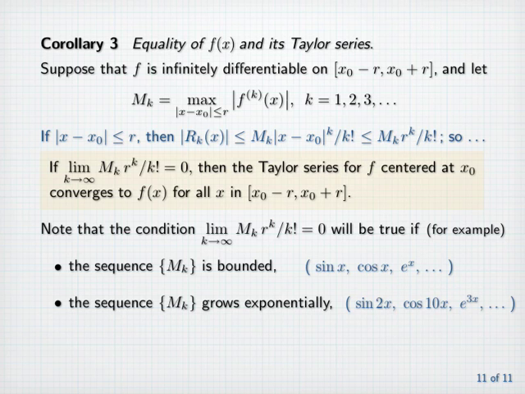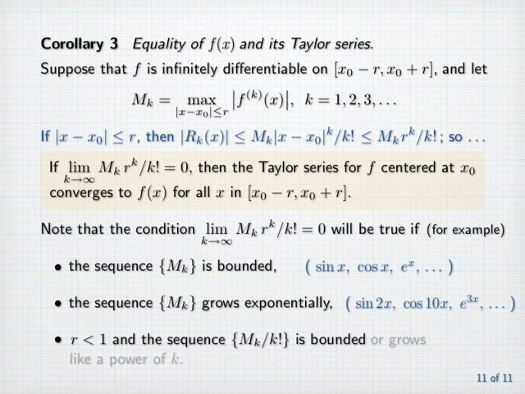The sequence M sub k times r to the k divided by k factorial will also approach 0 if r is less than 1, and the sequence capital M sub k divided by k factorial is bounded or grows like a power of k. That allows M sub k itself to grow as fast as k factorial, or even a power of k times k factorial.